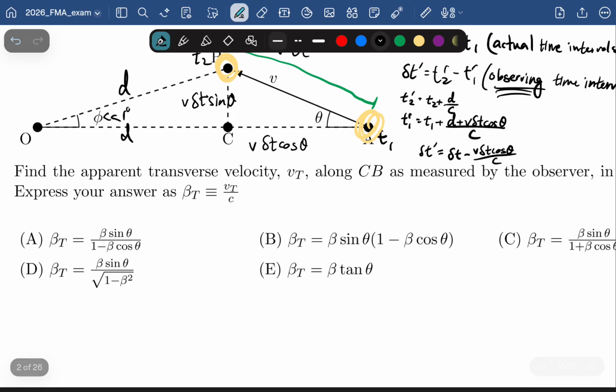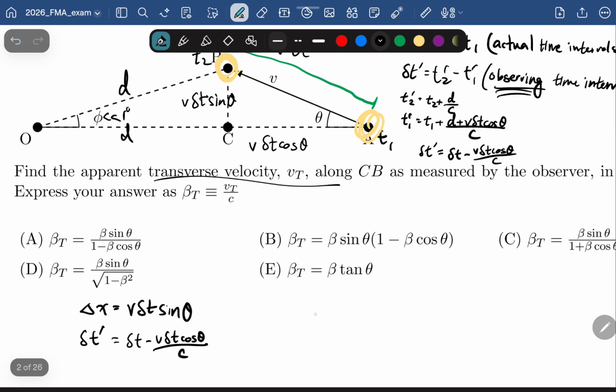Now we can finally solve the problem. For the transverse velocity, the distance is v delta t sine theta. Our time interval is delta t minus v delta t cosine theta over c.